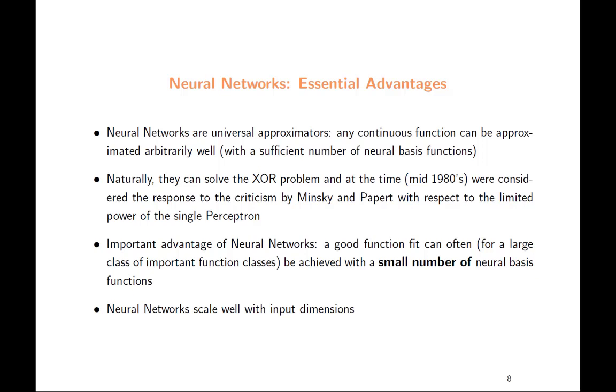But the important advantage of neural networks is really that for functions which actually occur in practice, this good approximation can be achieved with a small number of neural basis functions. So if we would need 10 million of them, that would not be very useful.